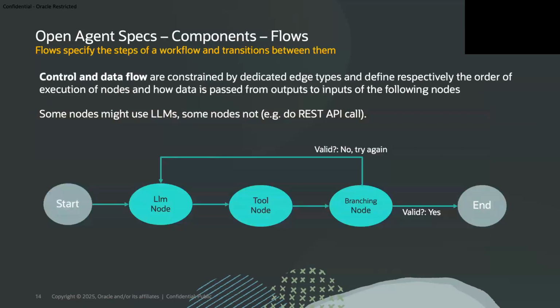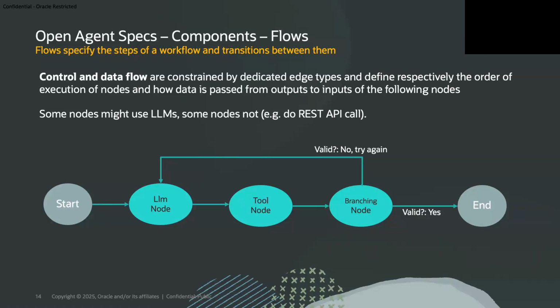All right. I talked about agents, but the second part that is pretty common in agentic AI frameworks is the concept of flows. One of the decisions we took in Agent Spec that makes it quite different from other frameworks is to split between control edges and data edges, where control flow edges are simply which nodes follow each other.